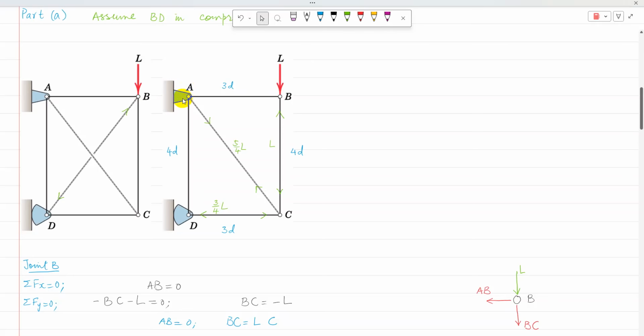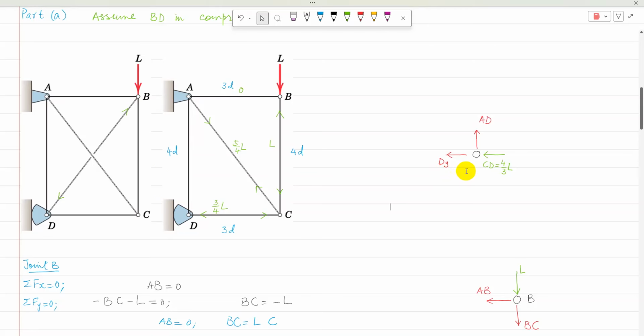So joint A has three unknowns: one unknown member force and two unknown reactions. So I cannot go to joint A. Then I have to use joint D.